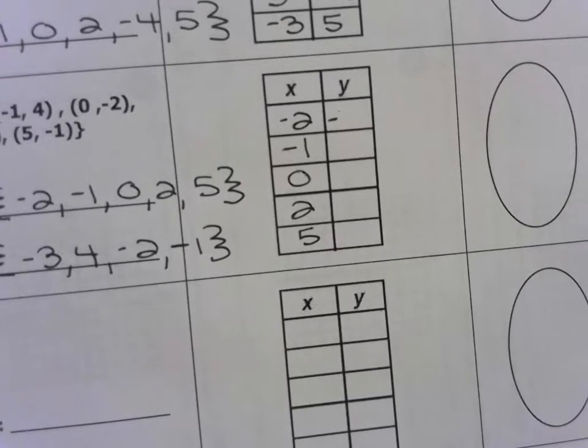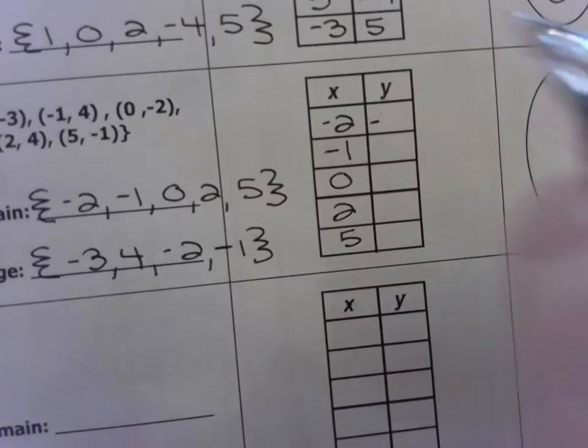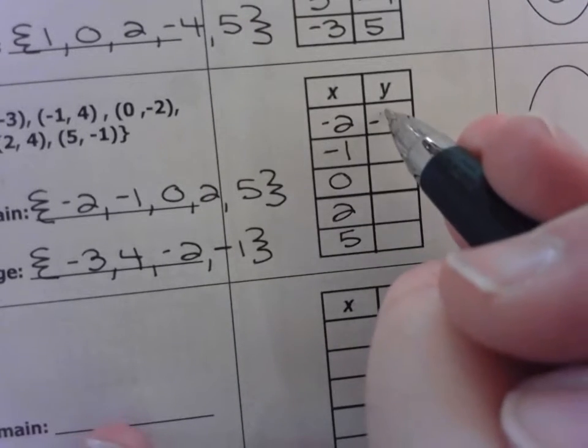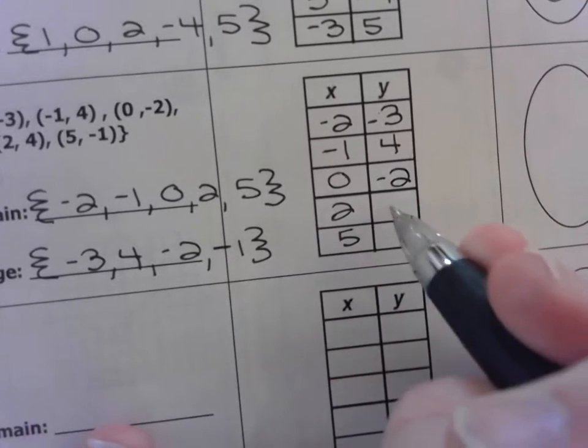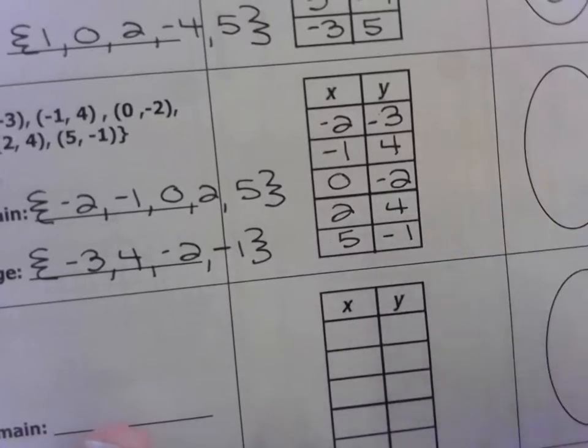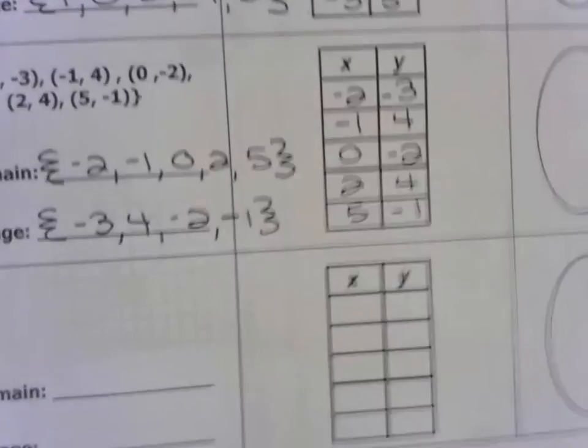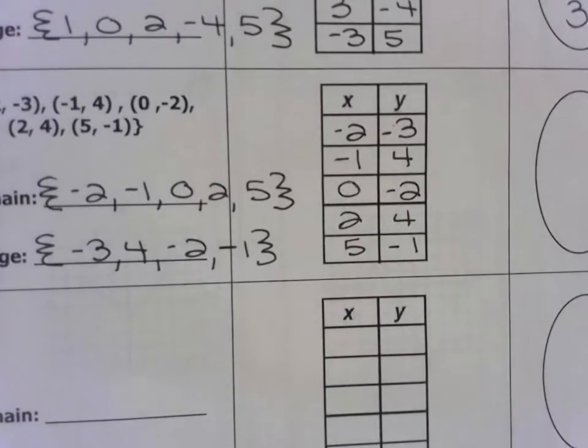That's fine. Make sure you get them in the right order. And then my y's would be what? -3, 4, -2, and 4, -1. So I don't care if you list the X's and then list the Y's, just make sure the ordered pairs go together. So -2, -3; -1, 4; 0, -2; 2, 4. Okay, any questions on a table?